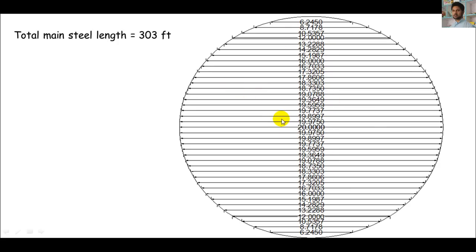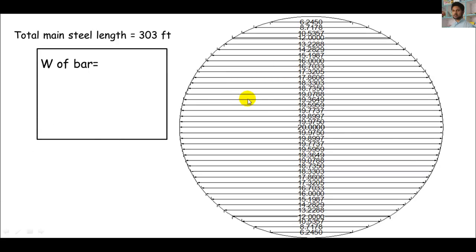Now I'll calculate the weight, how much steel is required for main bars. The weight is quite simple and straightforward. I'll use the same formula I always use, which is d squared divided by 52.9. This will give you the weight of steel per foot in kg. When you multiply this by length, this will give you the weight of the entire length of steel. So plug and chug in: W equals d square, which is 4 square, divided by this. Why 4?